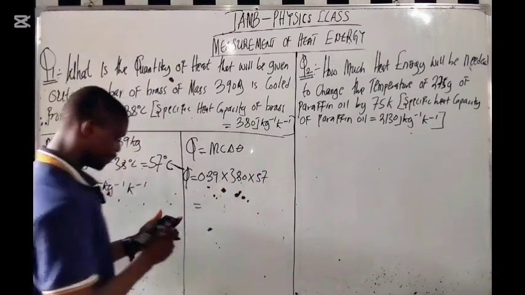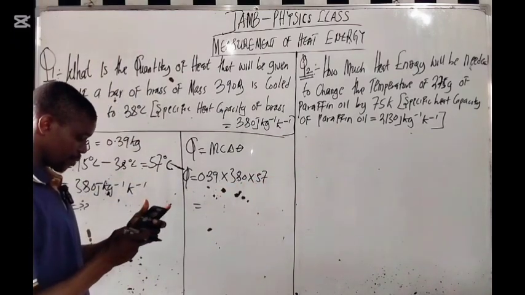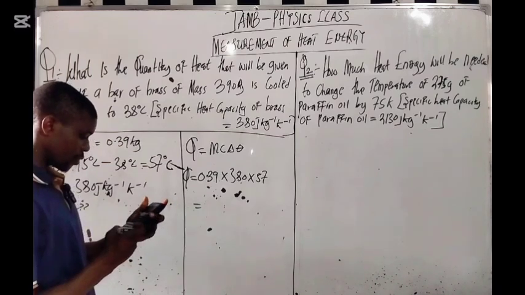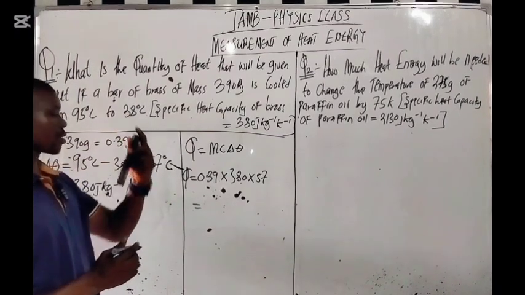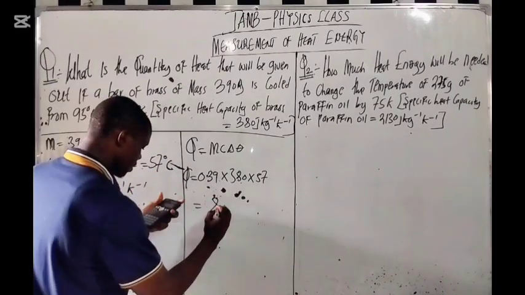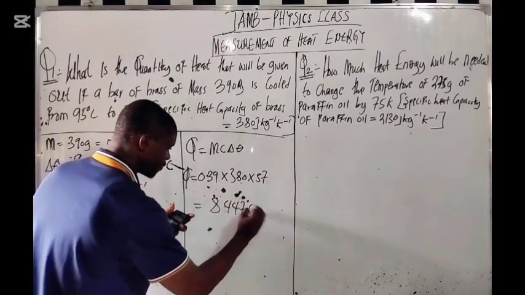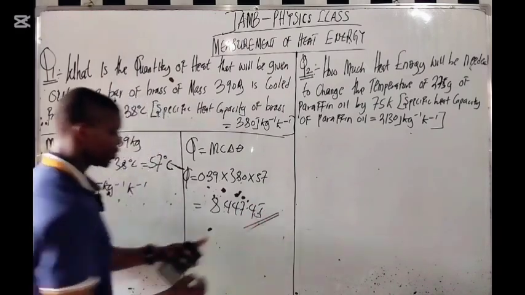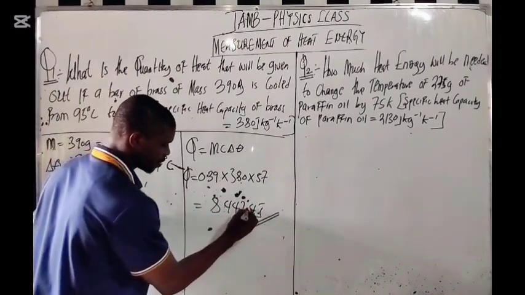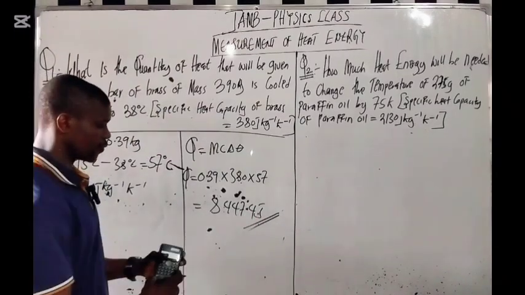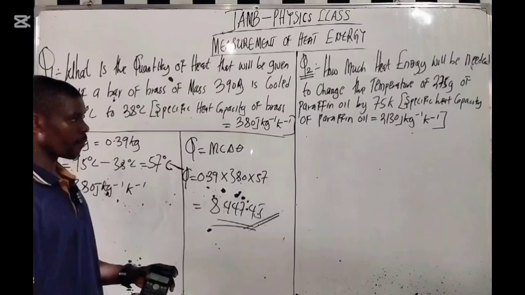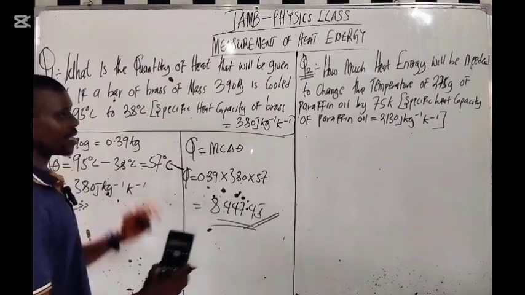So what will be the answer? You have 0.39 times 380 times 57, which gives 8447.4 joules. That is the answer. Hope you understand. So you can see how easy it is.